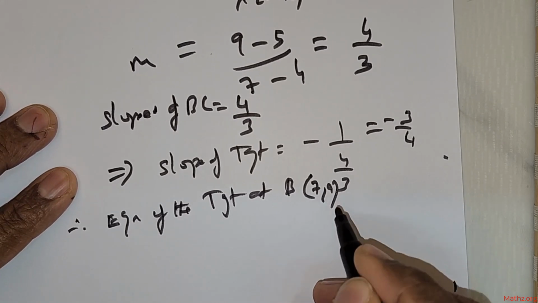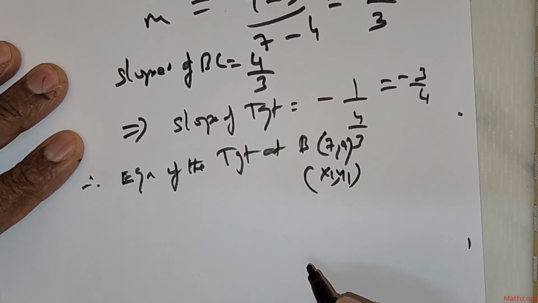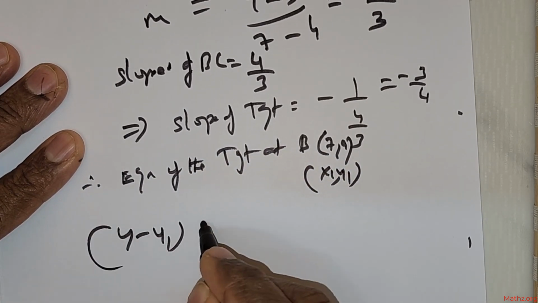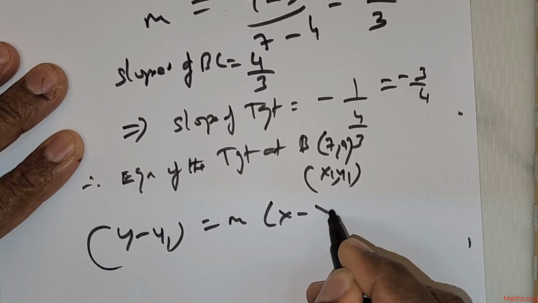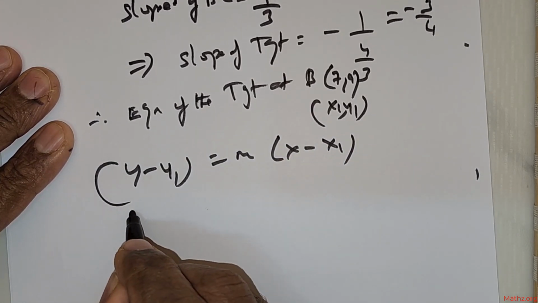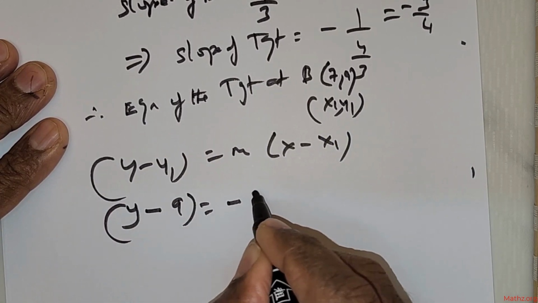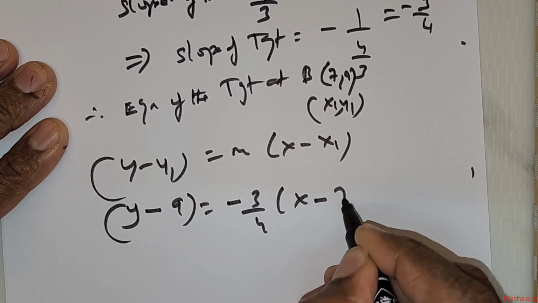B is (7, 9), so this is x1, y1. So y − y1 is equal to m times (x − x1). This is the slope of the tangent, so you need to place that. So it's going to be y − 9 = −3/4 (x − 7).